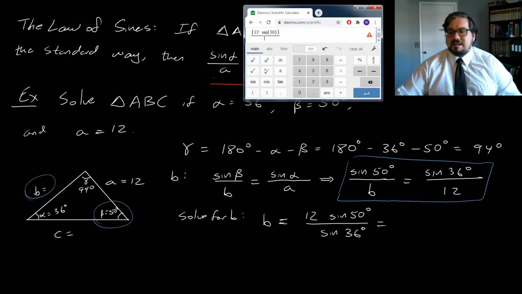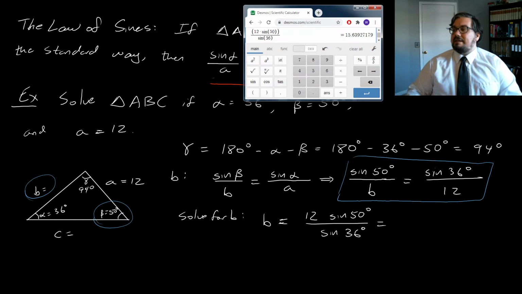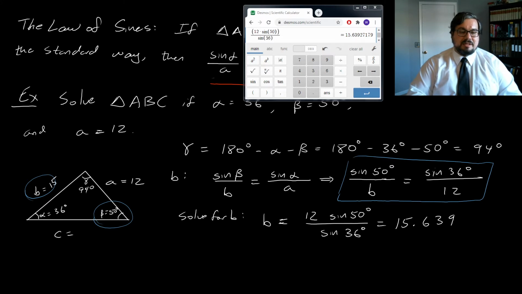So we get 12 times sine of 50 divided by sine of 36 degrees, and we get that B has to be 15.639. I'll go ahead and round it to 3 decimal places here. And so that's how we figure out what that side of the triangle is.